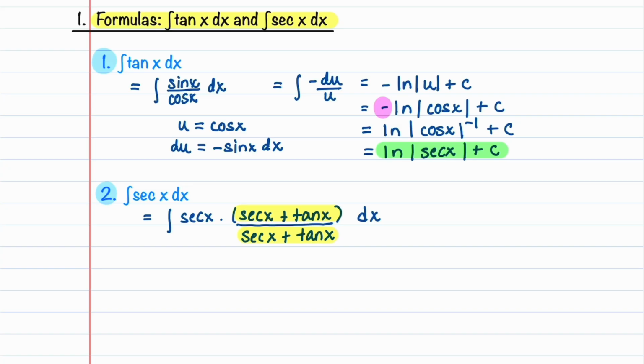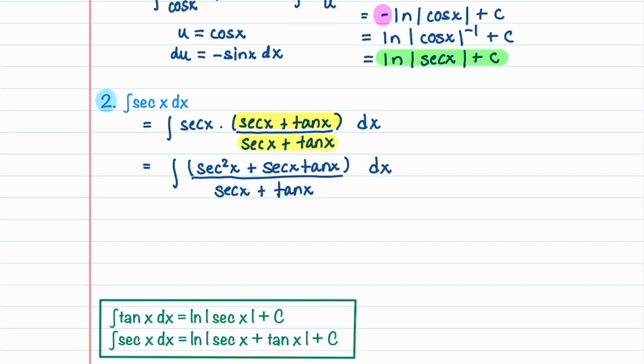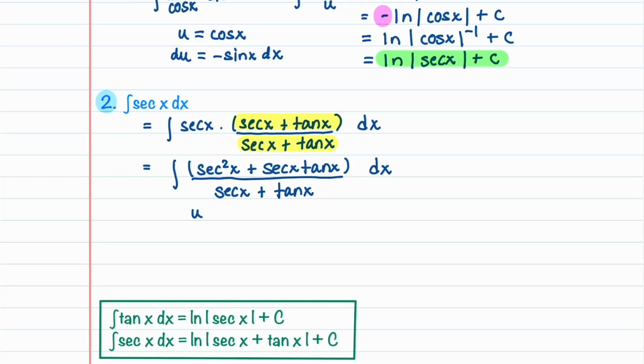Now let's go ahead and just multiply through. This gives us the integral. In the numerator, we have secant squared x plus secant x tangent x. And then in our denominator, we just have secant x plus tangent x. Now you can probably see why we actually did this. We're going to let u be equal to secant x plus tangent x.